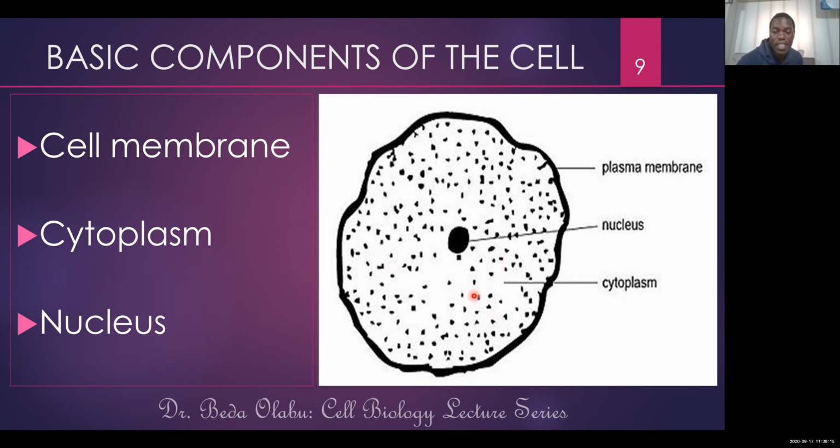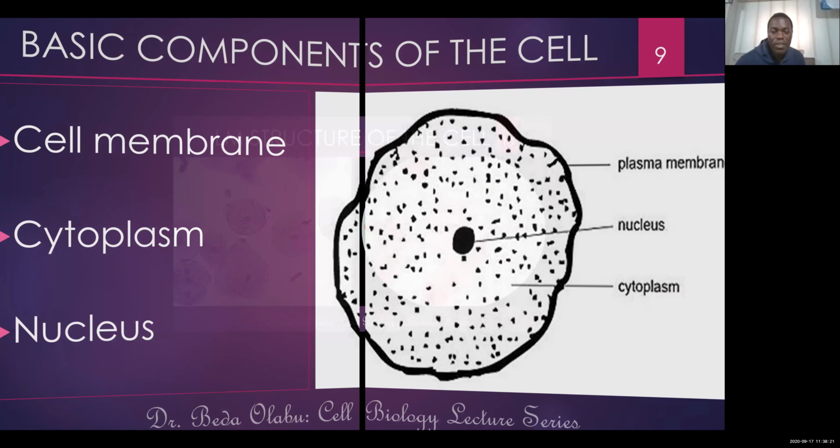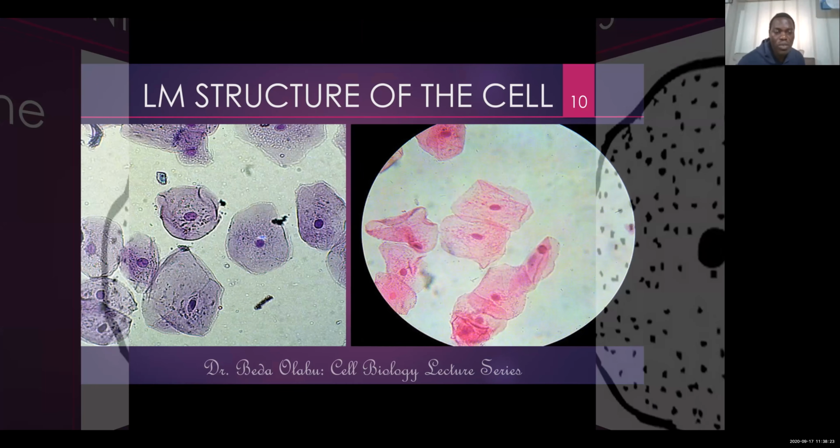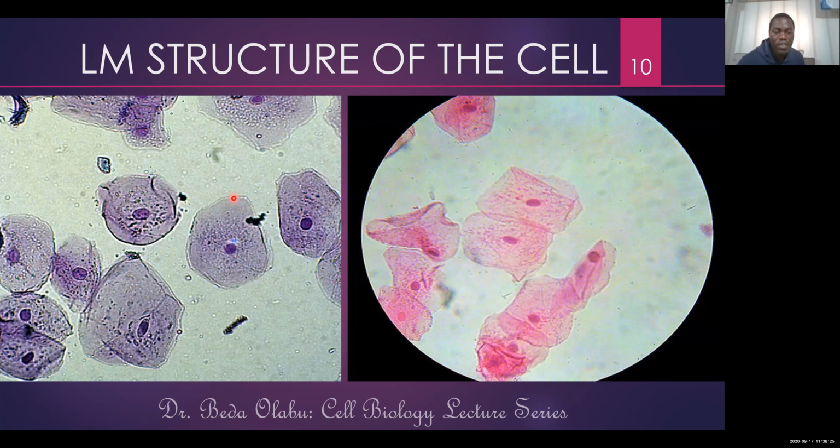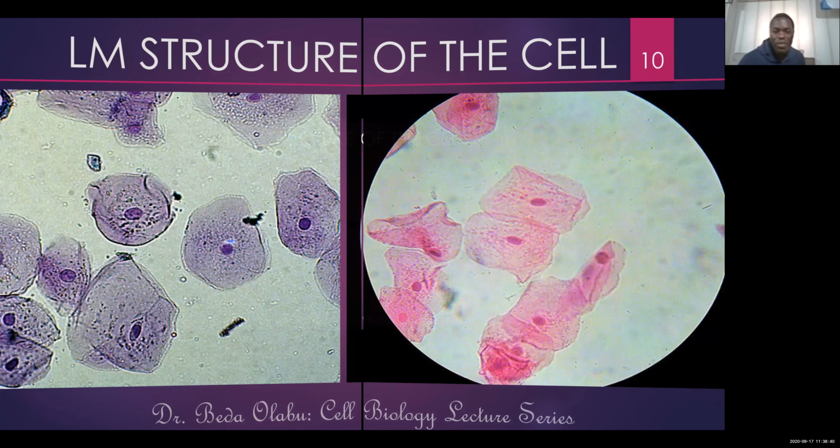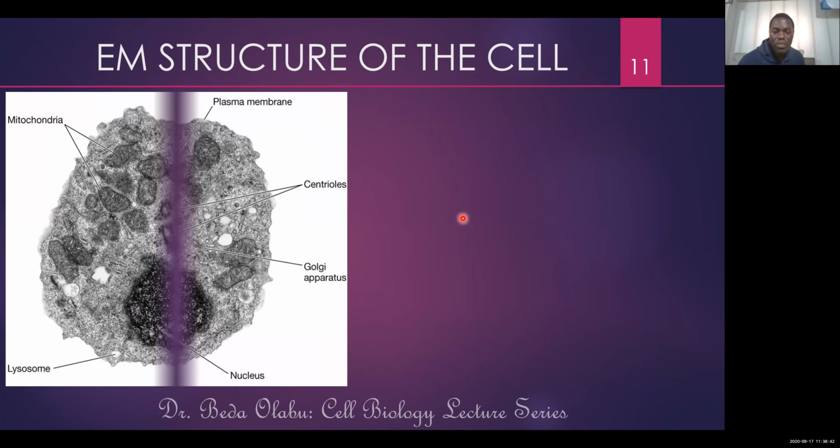You can't see the organelles. In light microscopy, it will look like this: cell membrane, cytoplasm, nucleus. These are white blood cells. These are epithelial cells: nucleus, cytoplasm, cell membrane. However, in electron microscopy, you can now maneuver your way out and talk about many things.